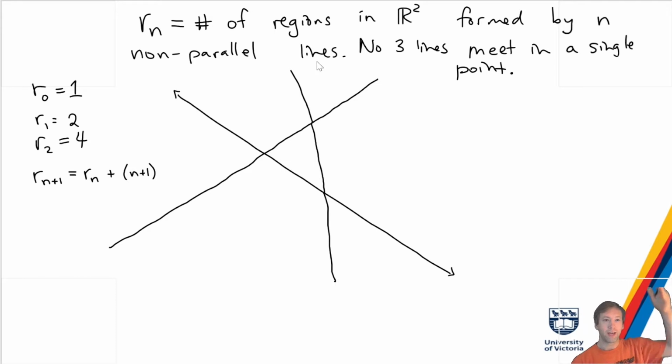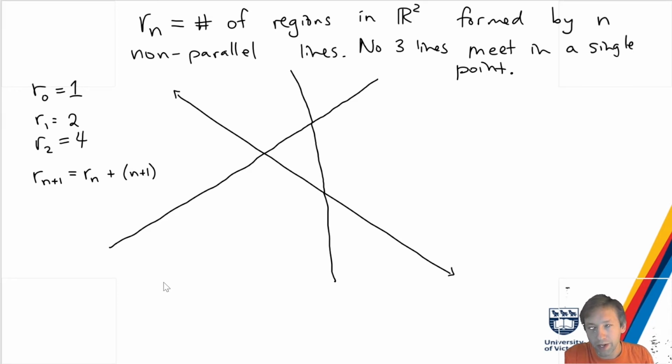Because I start my line off at infinity. When it reaches the first previous line, I create a region. When it reaches the second one, I make a region, and so on until it reaches the nth. And then when it goes off to infinity again on the other side, it makes another region. So in general, Rn plus 1 is Rn plus n plus 1.